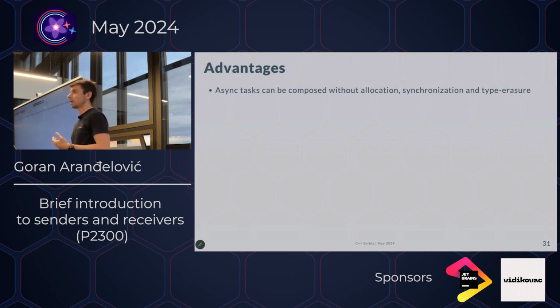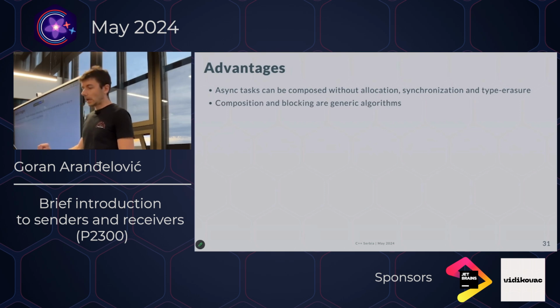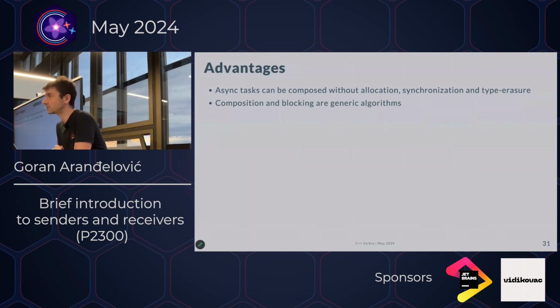If you know at compile time your tasks or your graph that you will be executing, you can do that without any particular dynamic allocation. And what we learned here is that composition using then or blocking using sync wait are just generic algorithms. They can be implemented in different ways, but you just think of them as any other algorithms, right?